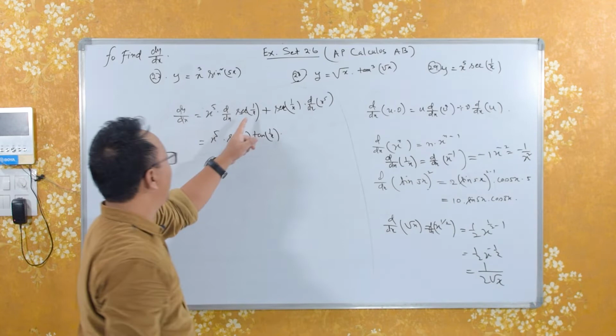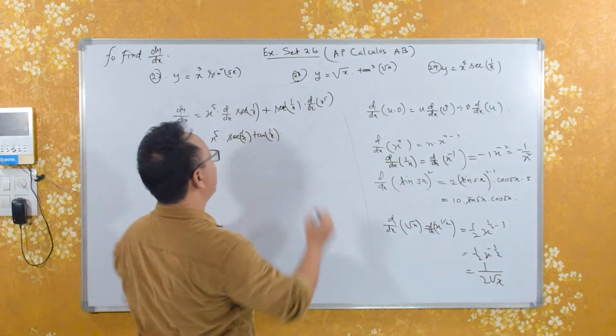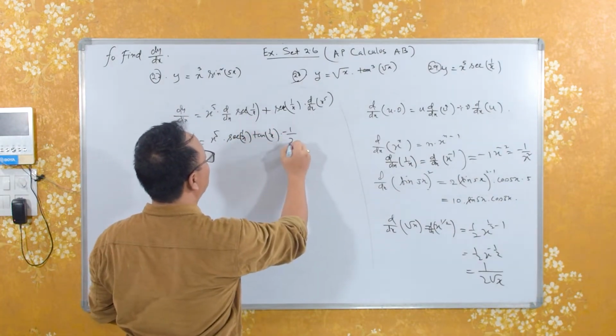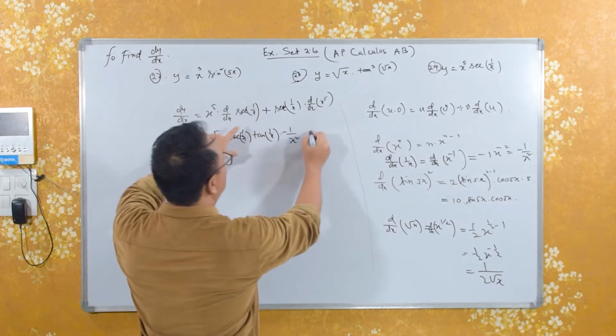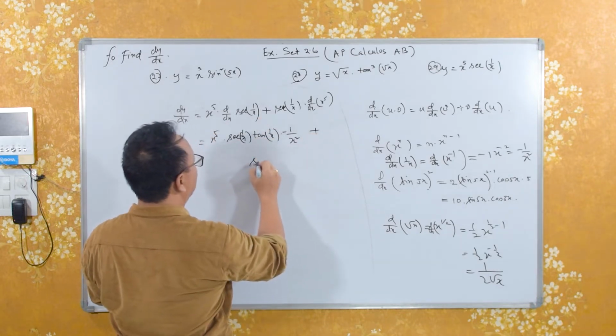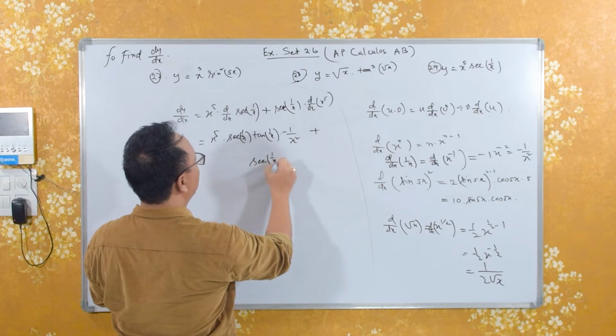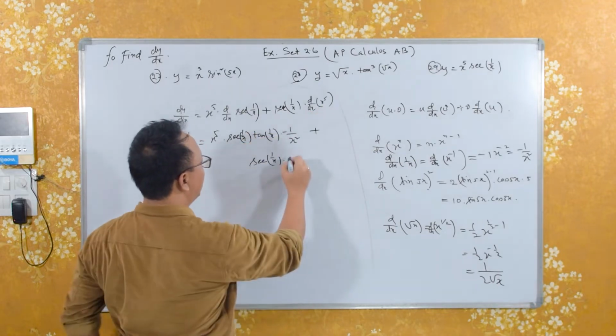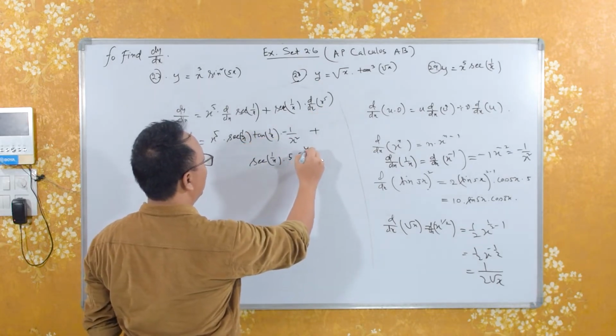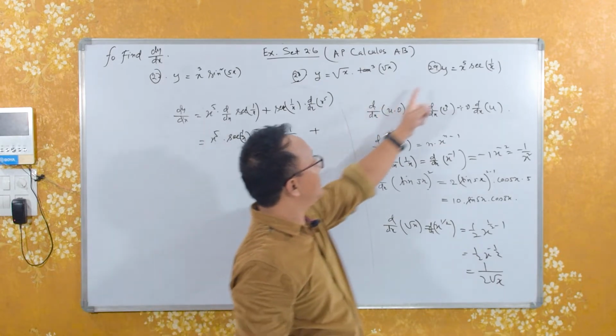Okay, so again this we have to differentiate with respect to x, will be minus 1 by x square, plus sec of 1 by x into dy dx of x raised to 5 is what? 5 into x raised to 4. Okay, this is the answer for 29.